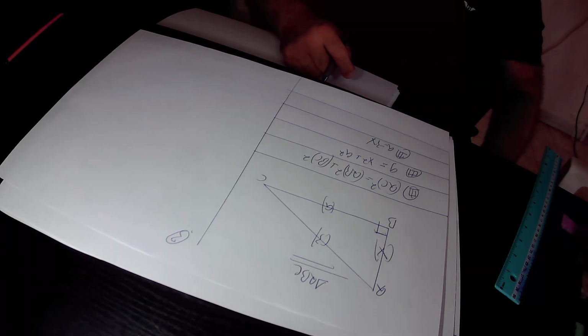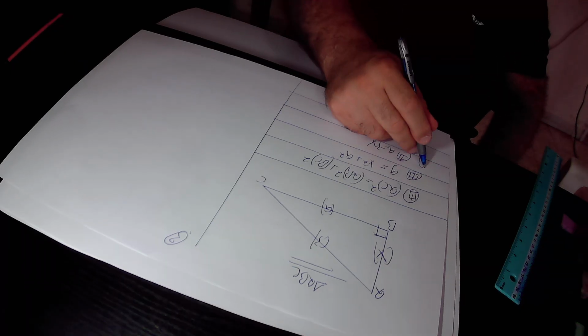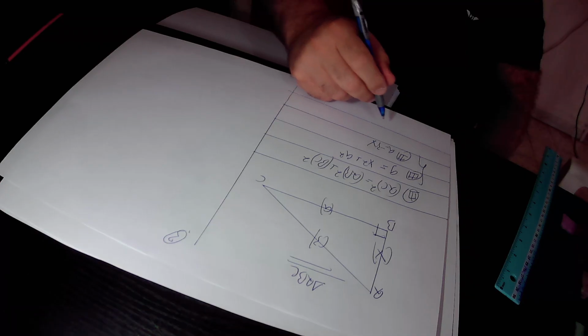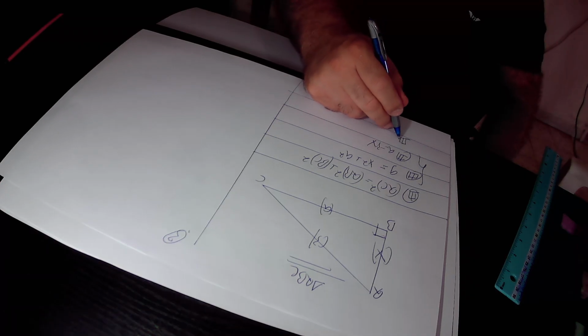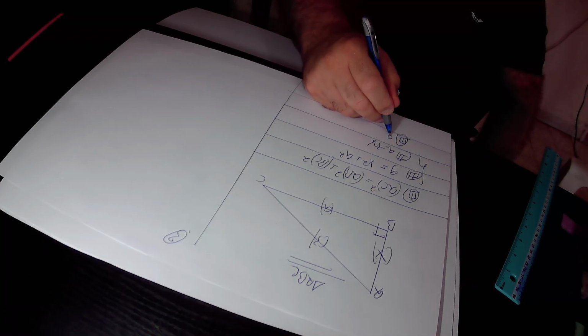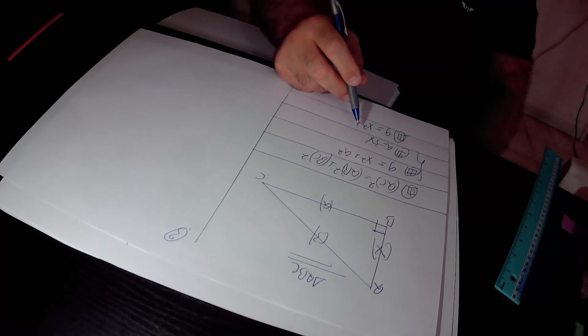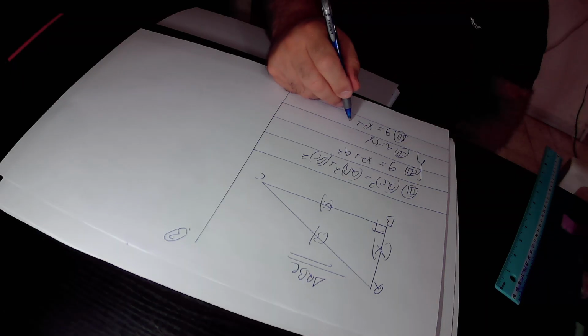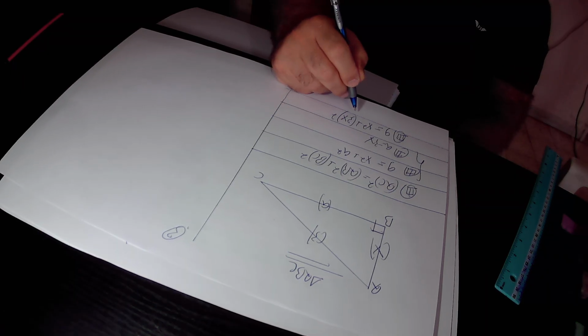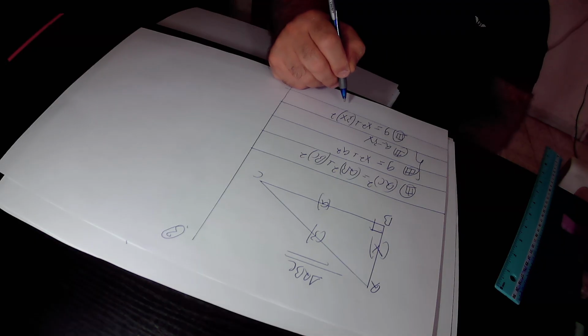We'll do it now and you get that according to equation 3, 9 equals x squared plus a squared. A squared according to equation 2 is 3x squared. So in total, 9 equals x squared plus 3x squared according to equation 3.